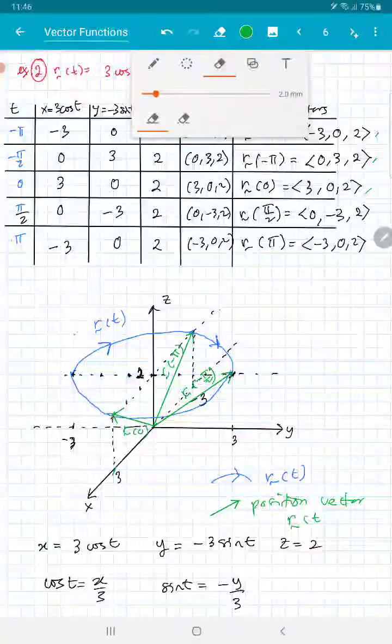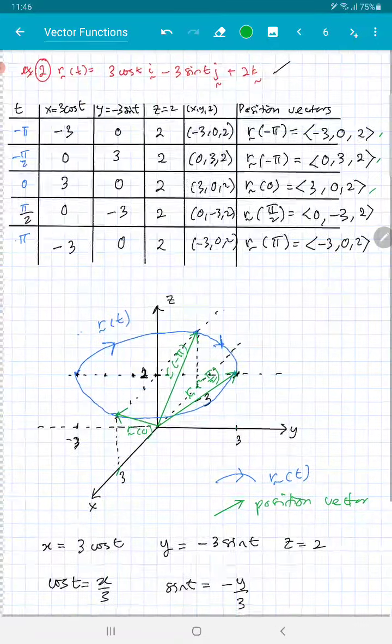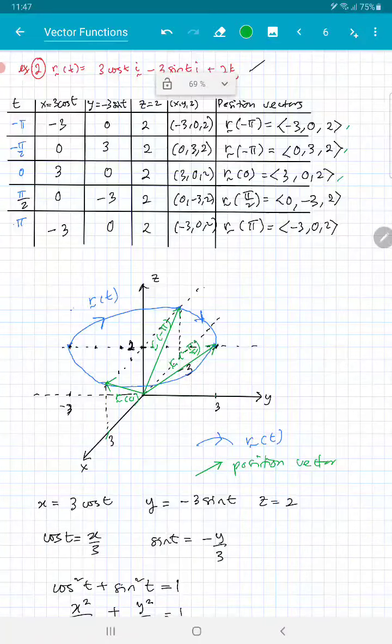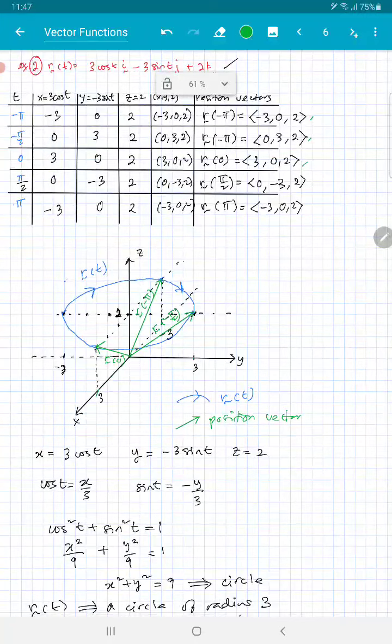I'm going to erase that. Here I'm only sketching 1, 2, 3 position vectors. But of course, if you sketch another 2 here for t equals pi over 2 and for t equals pi, you get another 2 position vectors. So that's how you plot or sketch a graph for a vector valued function.